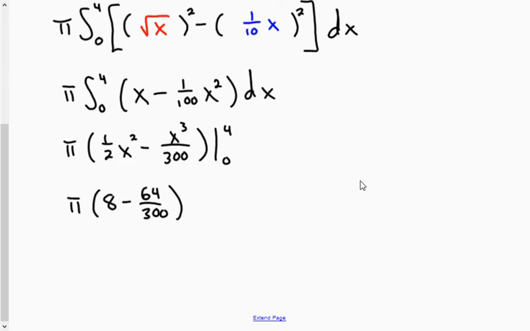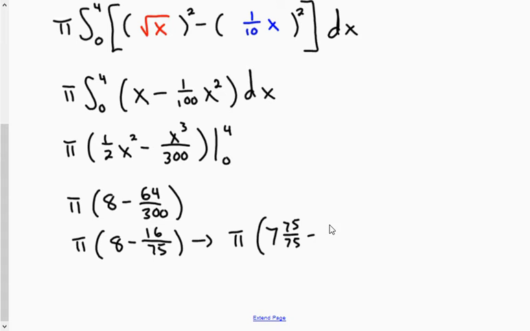Right, now this is just reducing a fraction. Let's see. I think 4 goes into 64 16 times, and it's going to go into 300 75 times. And I don't think that's going to reduce. So let's go with the mixed number. 8 is going to be 7 and 75 over 75, and I subtract 16 over 75.